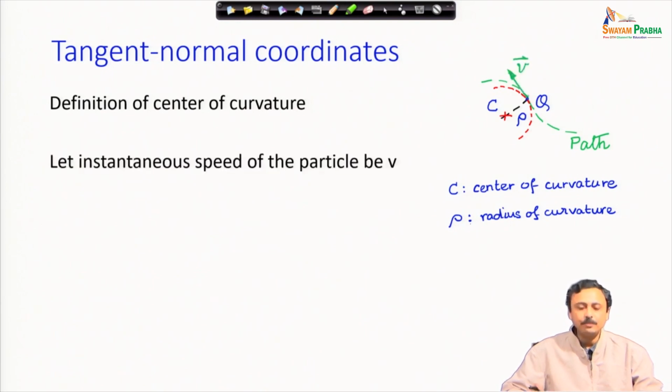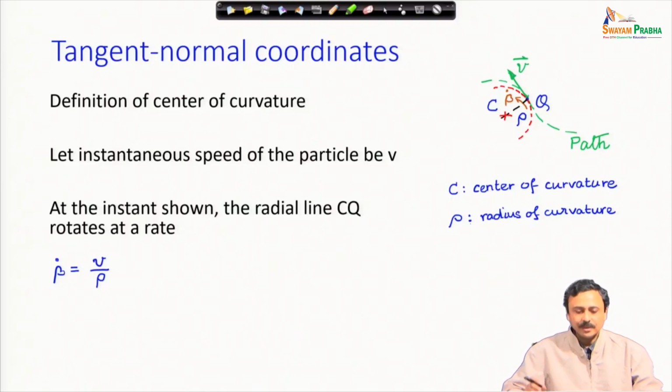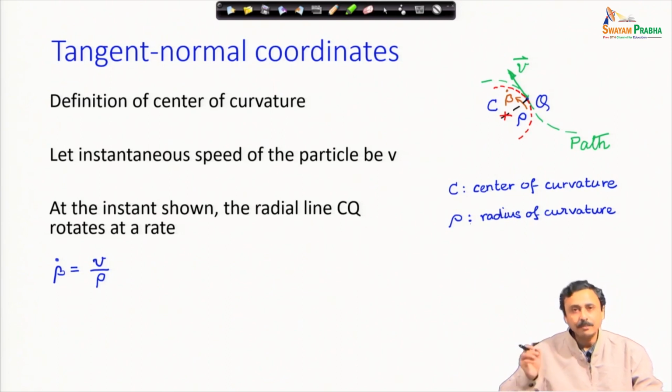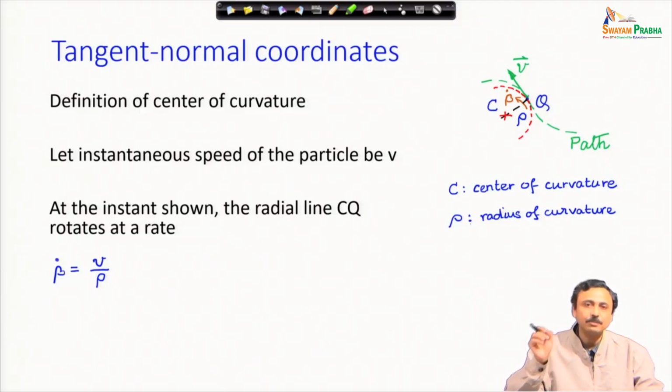Let the instantaneous speed of the particle, which is the magnitude of the velocity vector, be v. Velocity vector is always tangent to the path as shown here, and the magnitude is v. Then you can imagine that this line CQ, Q is the particle, the center to the particle, is a radial line, and that must be rotating as the particle moves, at least for infinitesimal motions.